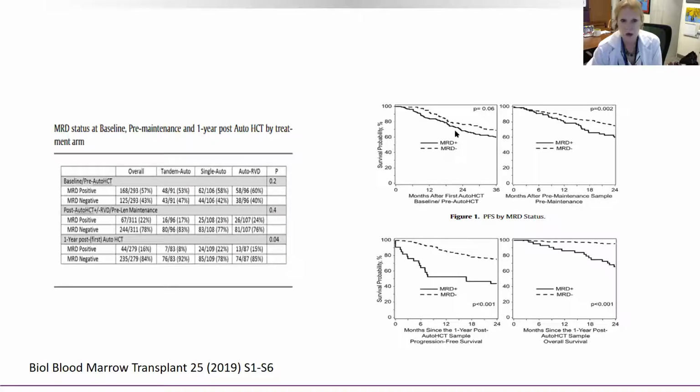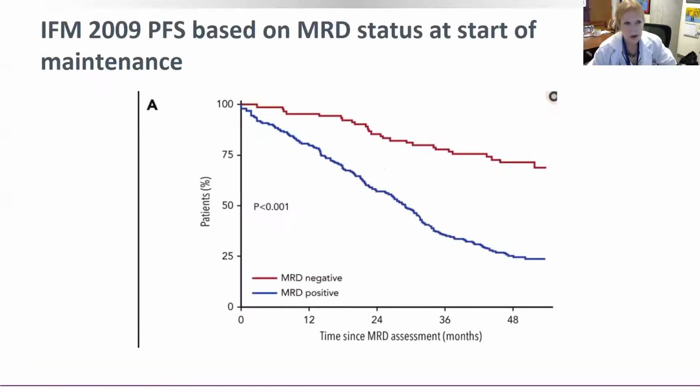So this was right away MRD testing, and they saw some differences. But even more striking, if they did this a year later, people who were MRD negative up here were doing quite a bit better. So that has brought up the question that some people may start asking: when do you do this MRD test? And that is something that is under debate right now.